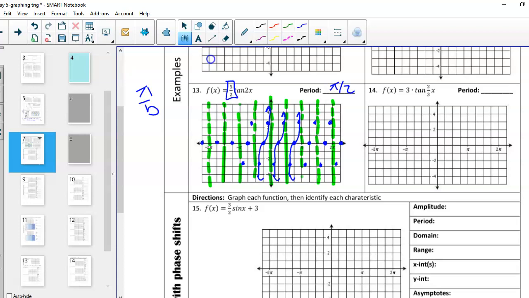Can you say that again? Which part? How you're doing the graph. I got the asymptotes with the 5/2, it's being stretched to that number, up and down. So I'm going up to 2.5 and down to 2.5. Okay.